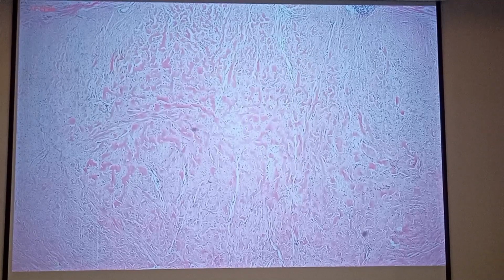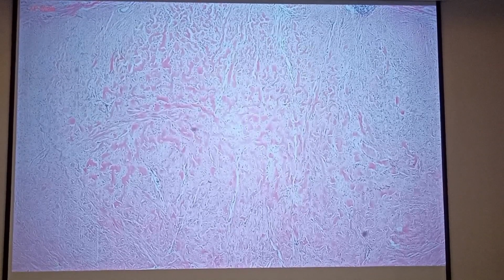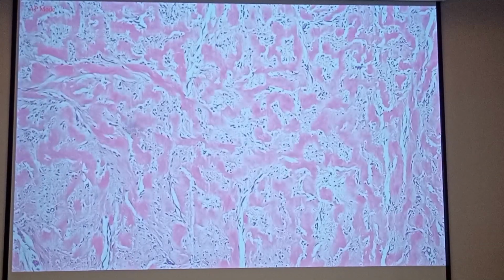So excessive deposition of the collagen fibers. If you want to look closer, you see that they are like so. So very thick bundles of these organized collagen fibers. So this accounts for the protrusion of this entire thing.